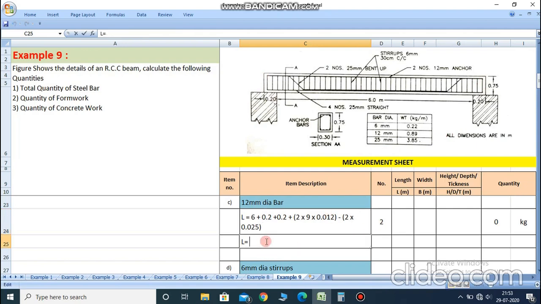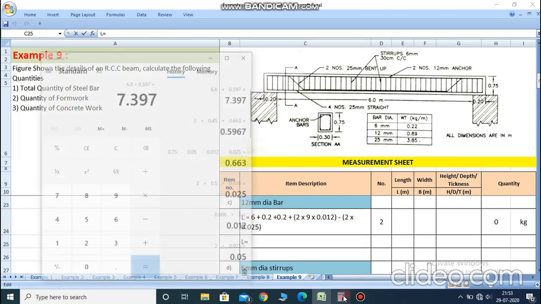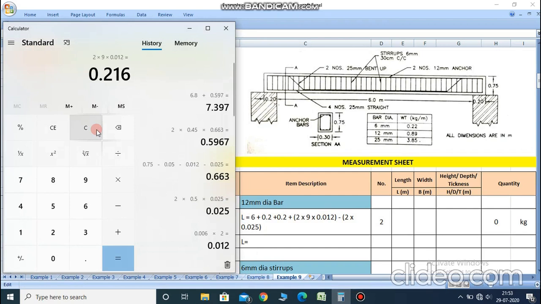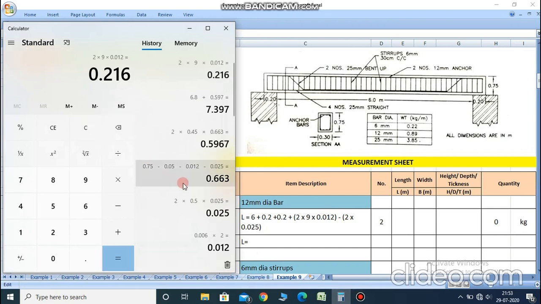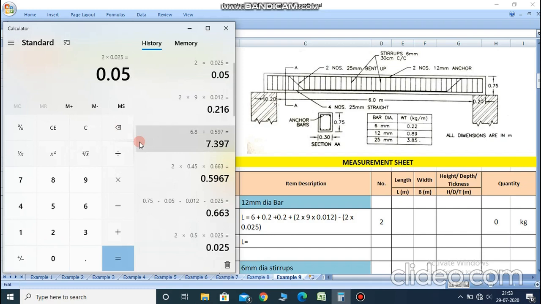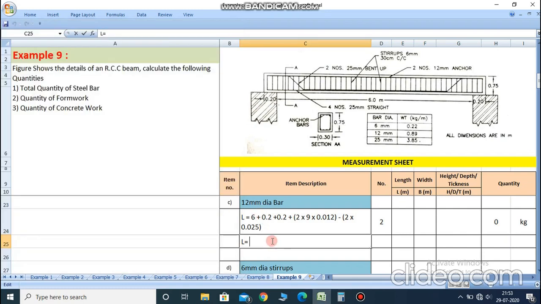So total length, first we calculated 2 multiplied by 9 multiplied by 0.012. So answer we got is 0.216, and 2 multiplied by 0.025, answer is 0.05. So 6 plus 0.216 minus 0.05.